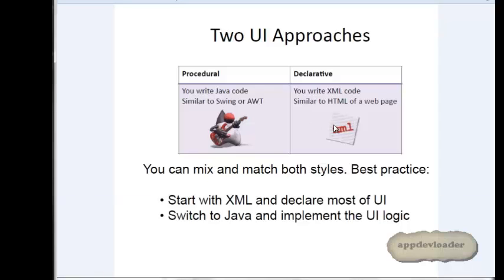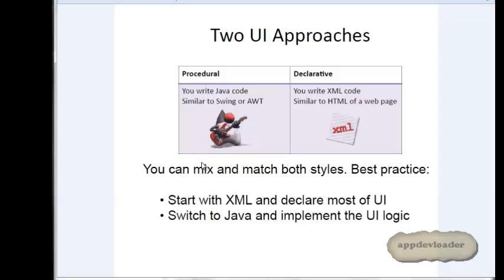So the best approach to the UI is working with both of them, but first with the XML code before you go to the Java. First of all, create the button or the layout, then you go into the Java code and instruct what happens next on the layout you created with the XML code.